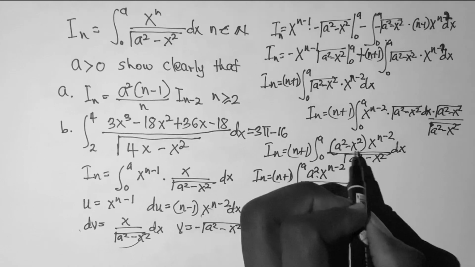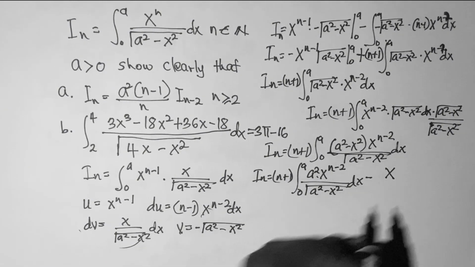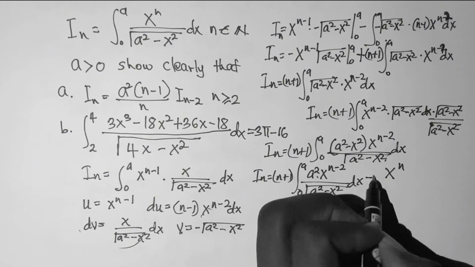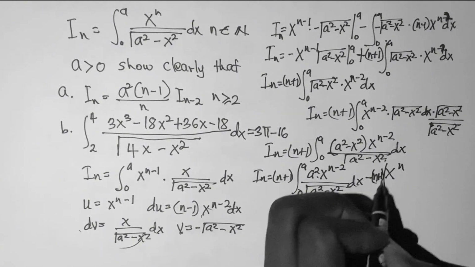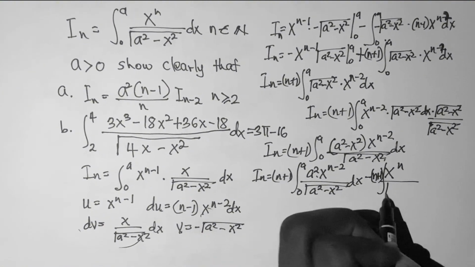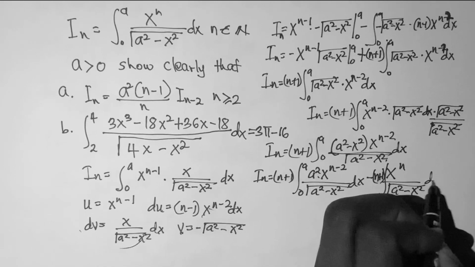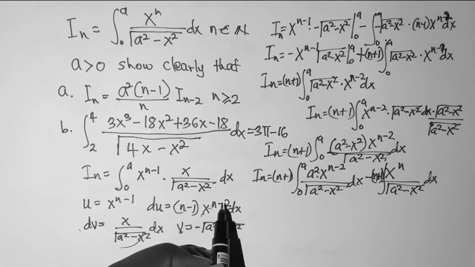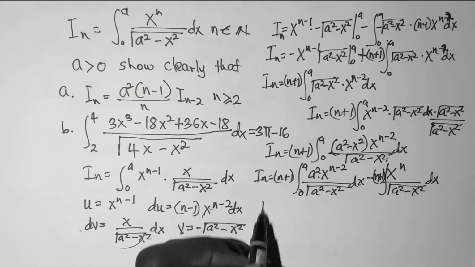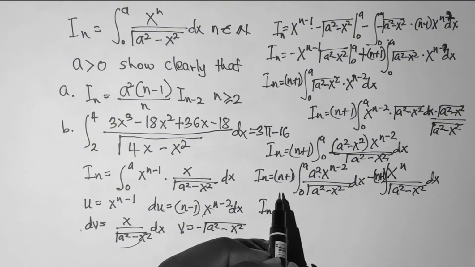minus x squared times x exponent n minus 2 is x exponent n. So the integral, but there is n minus 1 here, of x exponent n divided by the square root of a squared minus x squared dx. So you see that I of n here, and we can bring a squared out.